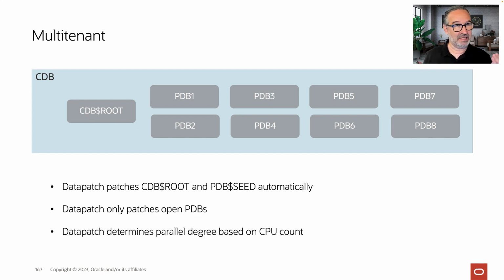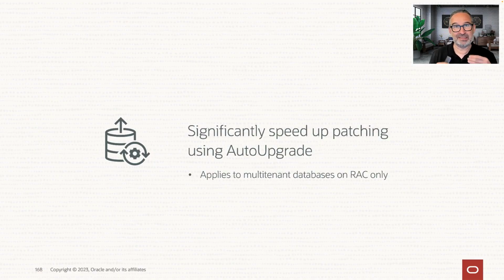But even in the RAC environment, this all happens on a single node. So we can significantly speed up patching when you use AutoUpgrade in multitenant environments, because AutoUpgrade is able not only to automate your patching, but also to spread out the PDBs to multiple nodes.